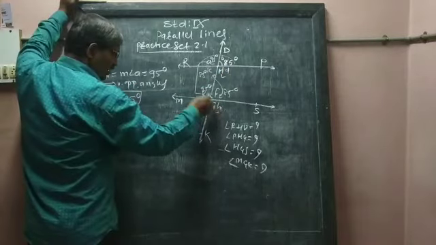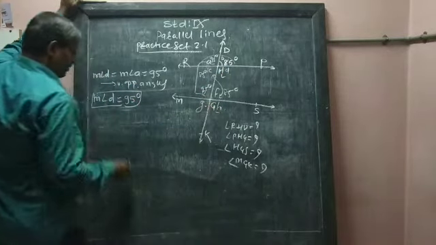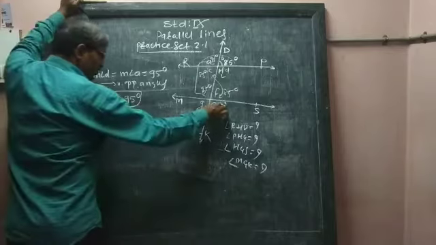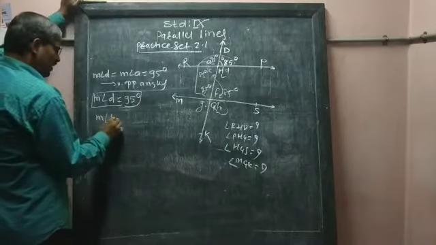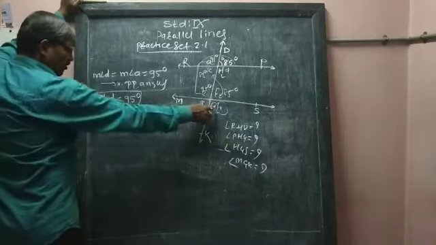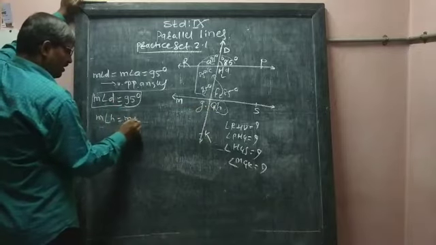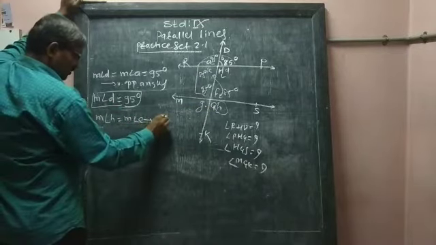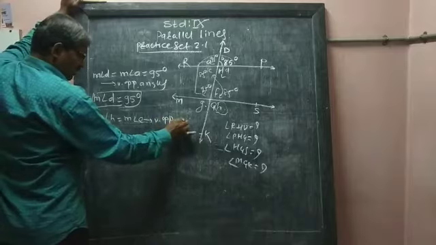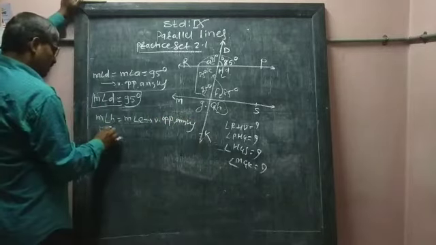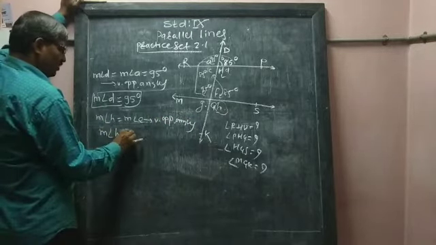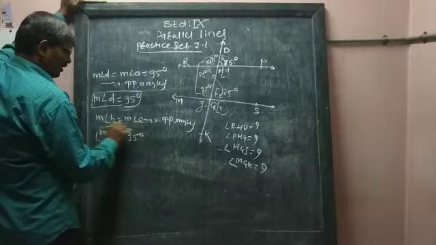And D is opposite, or E and G. Here is H. So measure of angle H is equal to measure of angle E, same reason, vertically opposite angles. Therefore, measure of angle H is equal to 95 degrees.